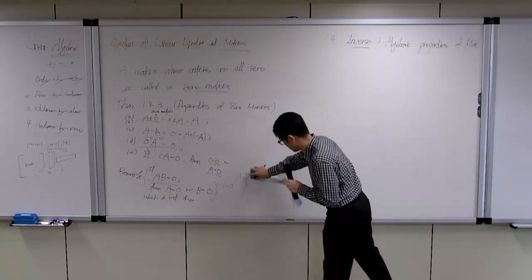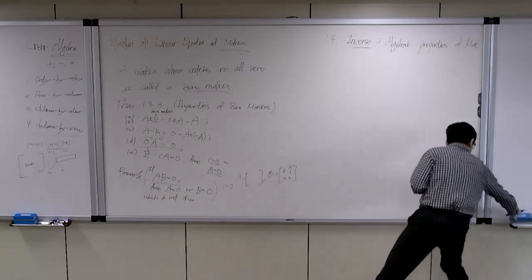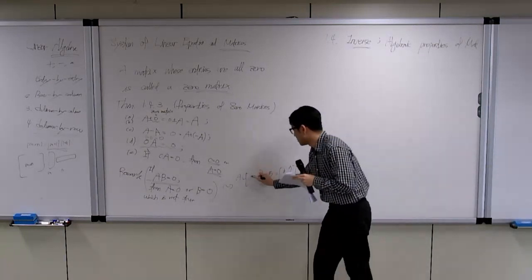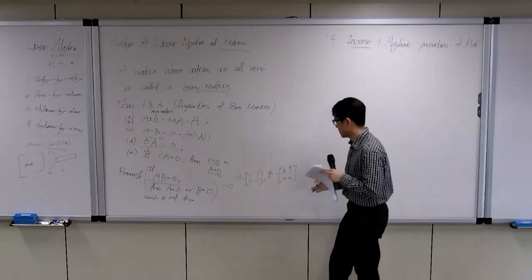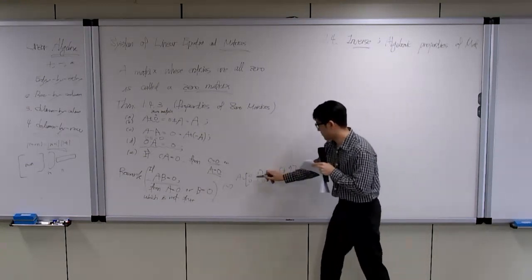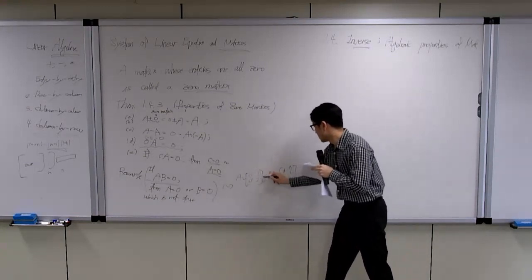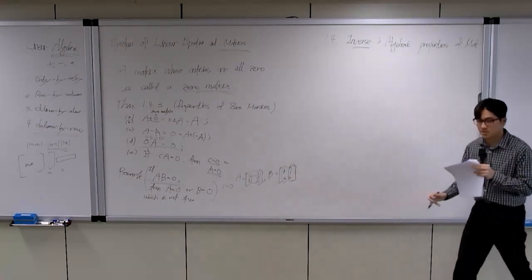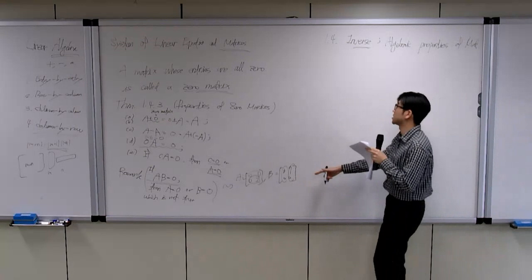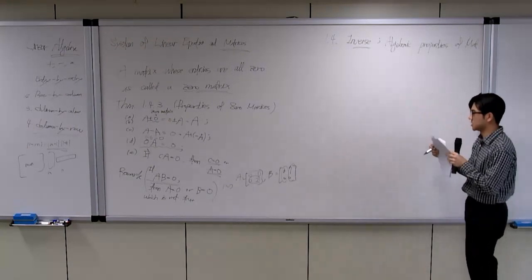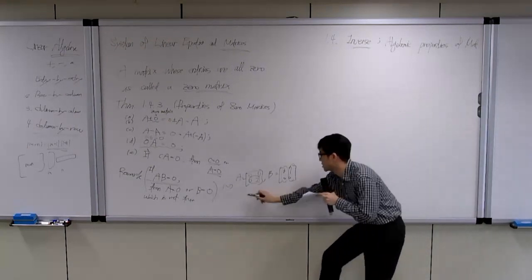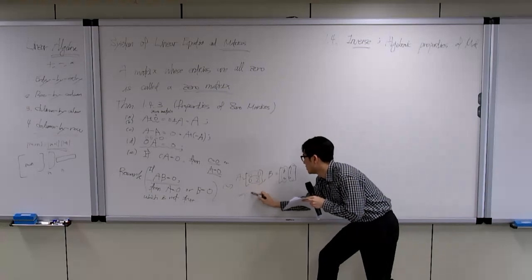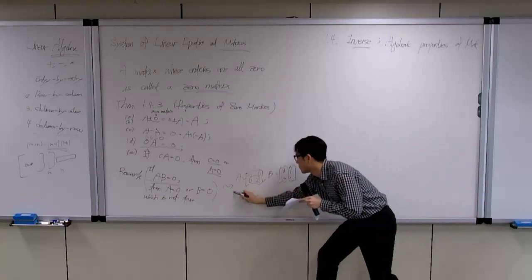Oh, I made a mistake. Then if we calculate it, yeah, right. They are not 0, but the multiplication is 0.